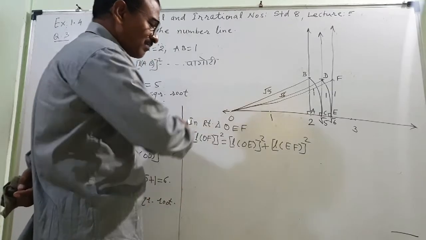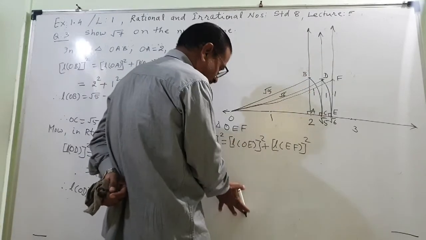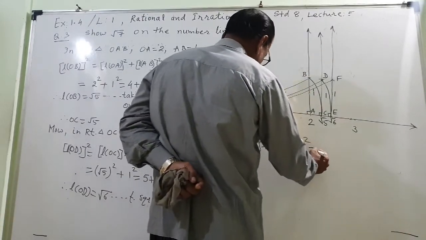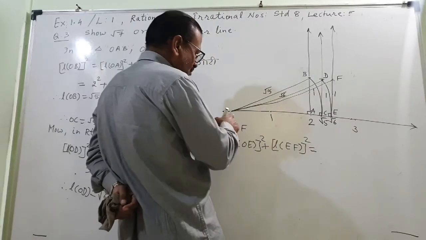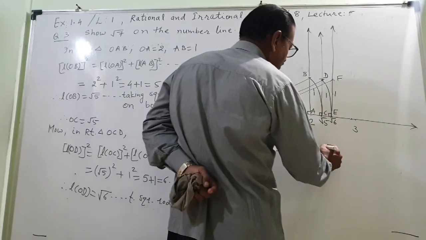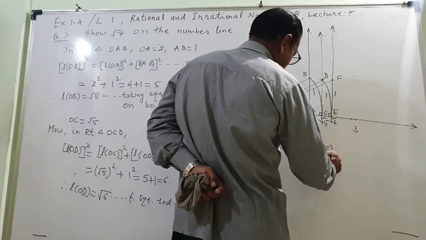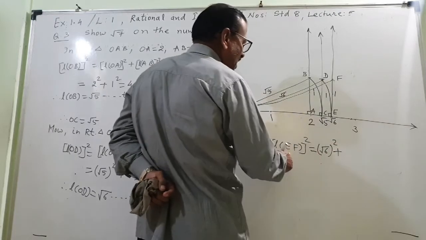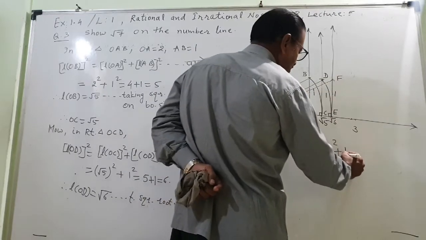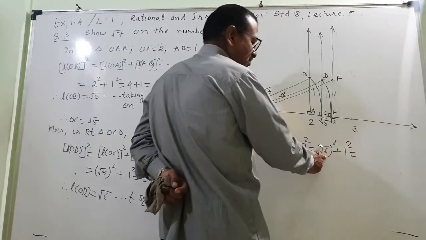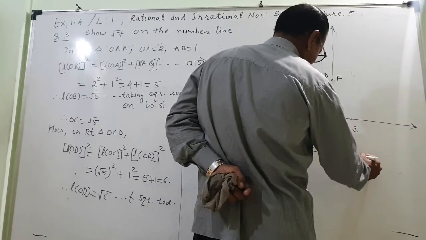Length OE is root 6, its square, plus EF is 1 square. Root 6 square will be 6.